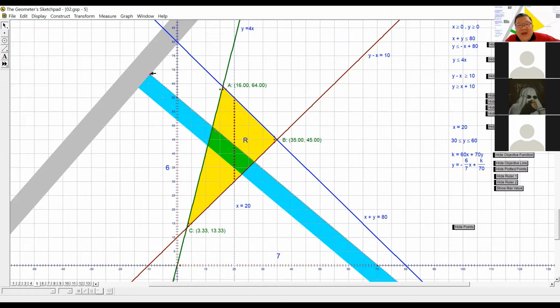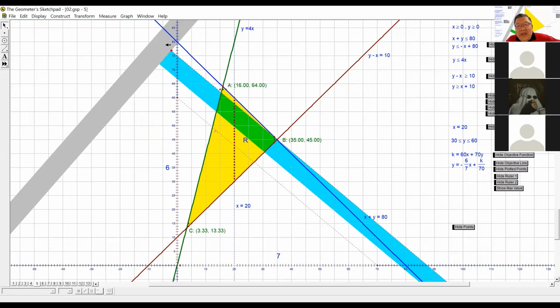Further away, I reach the point B. Now B is still not the furthest point. This will be the amount of fees collected when I have 35 students and 45 students respectively.